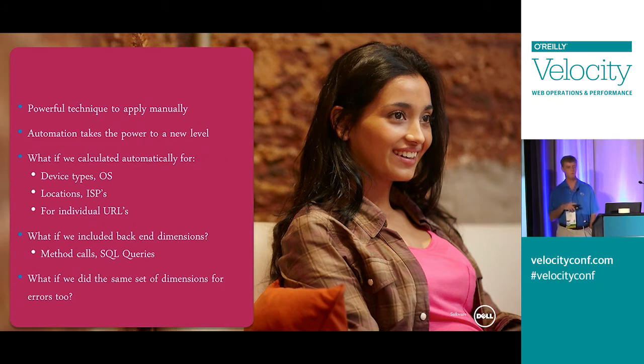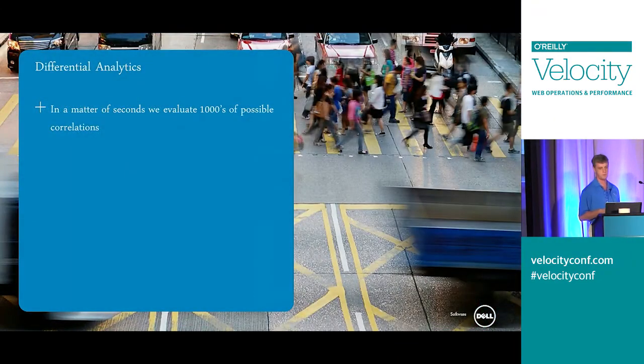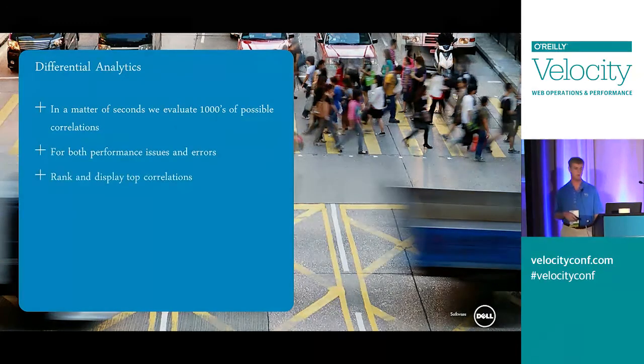And what if we do the same for errors too? Look for highly correlated things that cause errors, not just slowdowns in performance. Pretty cool. So that's what we do with differential analytics. In a matter of seconds, we can evaluate thousands of possible correlations. We can do that for both performance and errors.